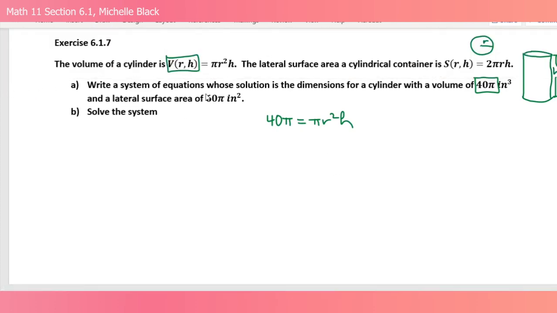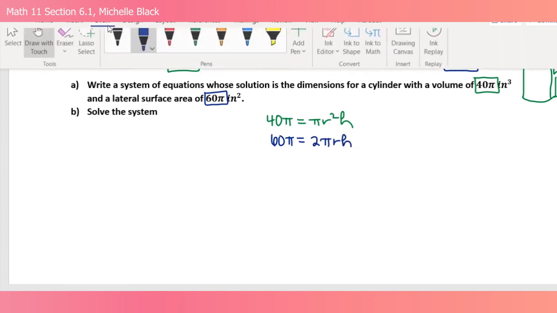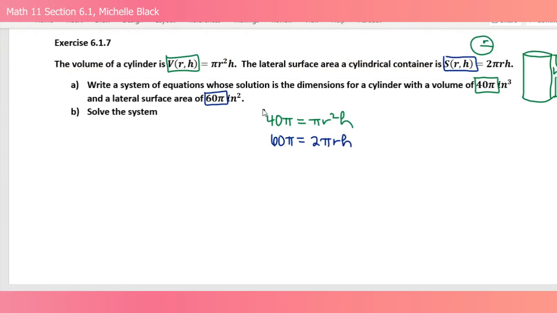The surface area is 60 pi, and the surface area is S. So now we need to replace S of R and H with 60 pi. So here's our system.